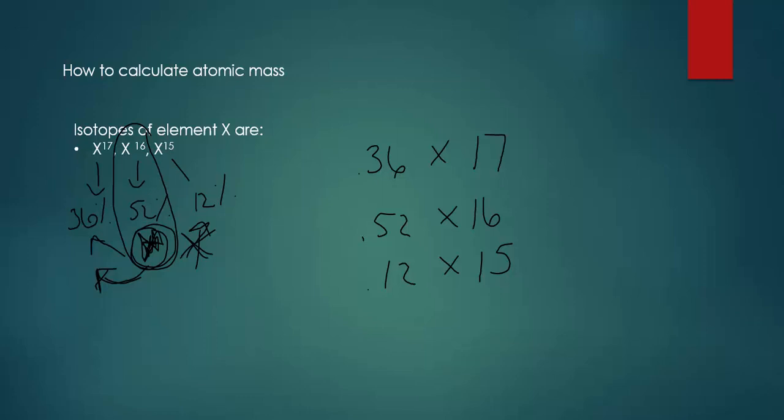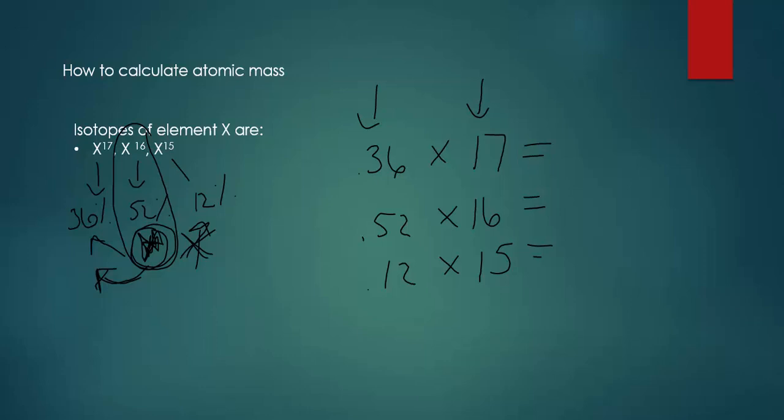You take your percentage and multiply it by your average for your tests, your quizzes, and whatnot to get your overall average. So anyways, you take your percent, you multiply it by the mass, and then you would get how much each mass contributes to the overall atomic mass.